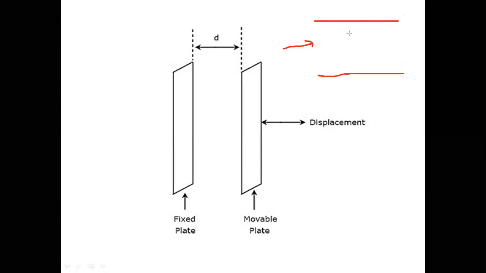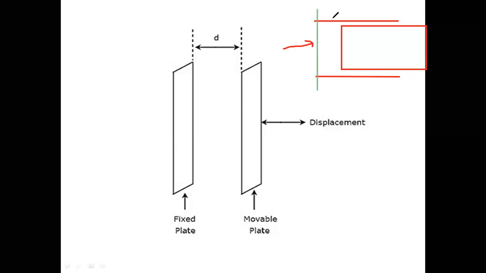Now the dielectric material is moved like this. Up to this point, from here to here between the two plates, it still acts as a capacitor, with air as the dielectric material.